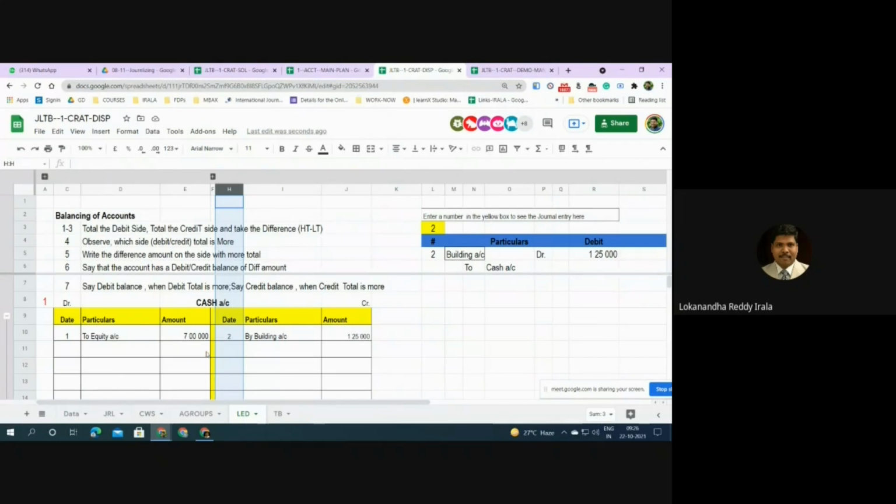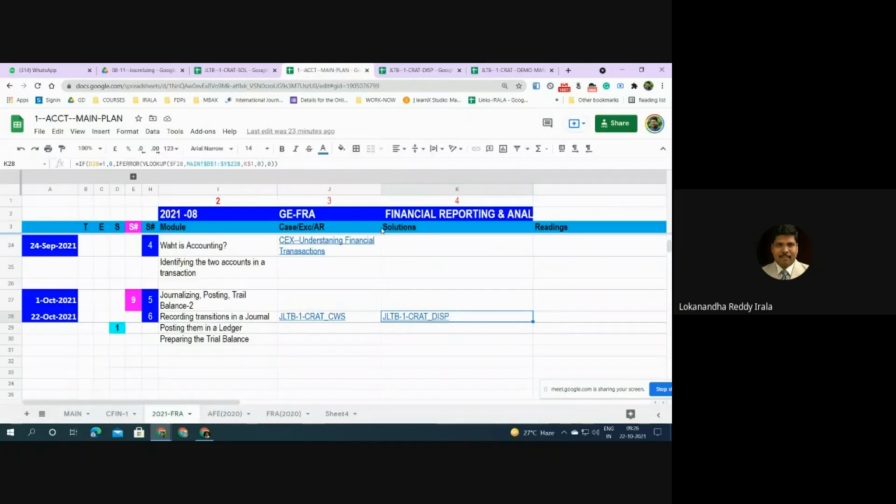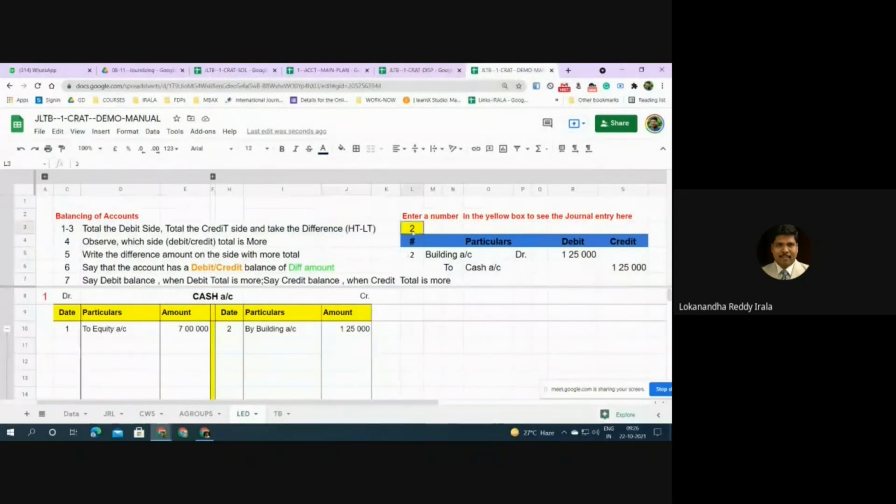This display file will come with whatever I am doing, and this file is empty. You can download this file if you want to practice. Right now, let me do one more transaction, and after that I'll leave it to you.